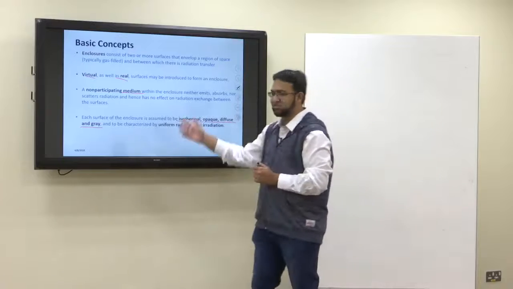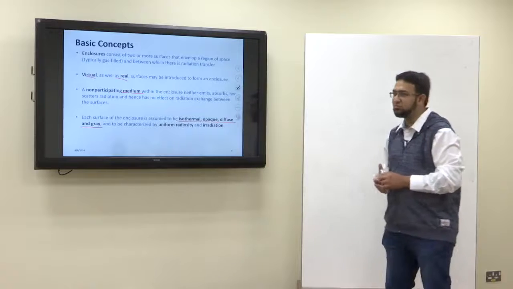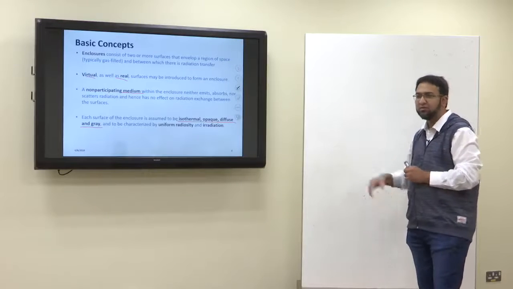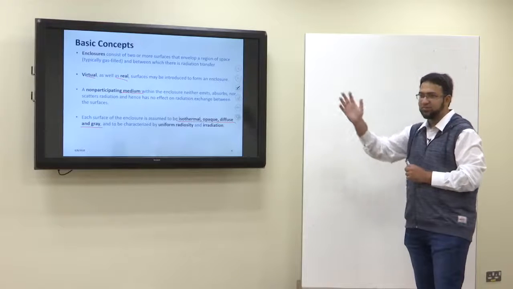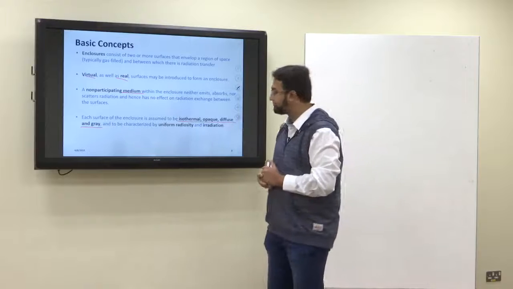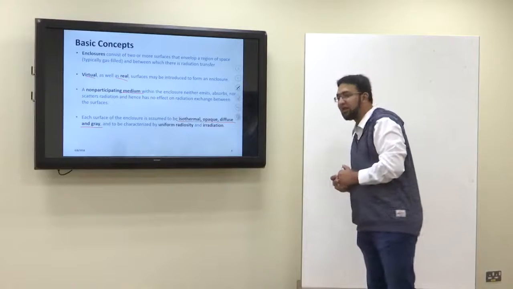And gray. Gray means independent of wavelength. Okay, so this surface is not just emitting a specific wavelength. It's emitting all the wavelengths. And similarly, all the surfaces are emitting all the wavelengths. And to be characterized by uniform radiosity and irradiation.